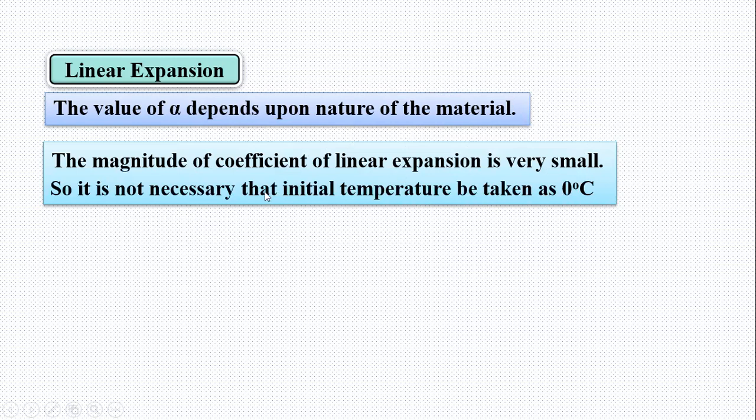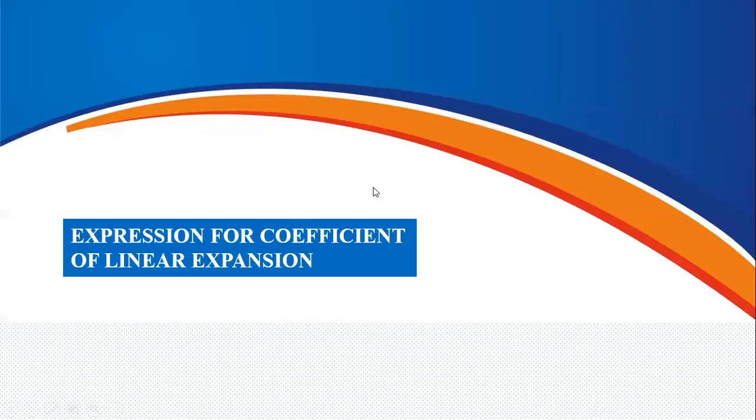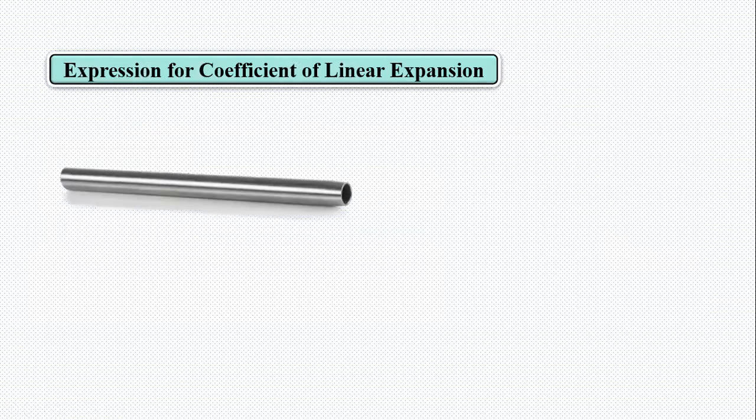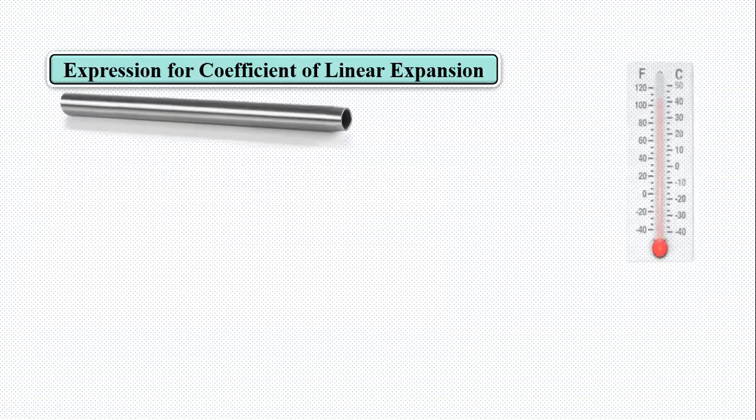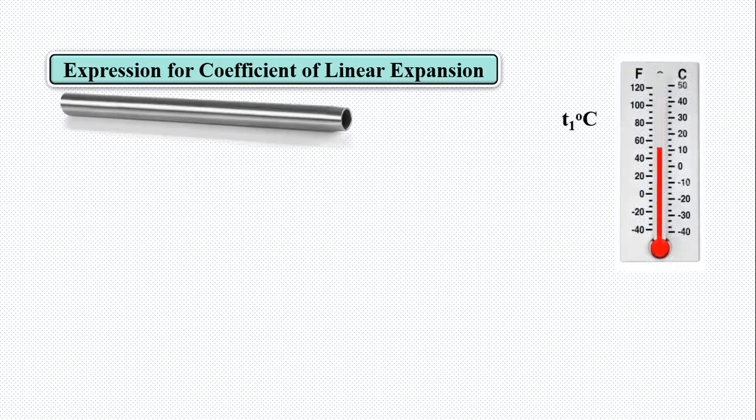आता टेम्परेचर कोएफिशियंटची जी व्हॅल्यू आहे ती खूपच छोटी येते, आणि आपण आता इथं काय बघितलं तर ओरिजिनल लेंथ जी तुम्ही मोजली ती 0 डिग्री सेल्सिअसला मोजली. तर प्रॅक्टिकली प्रत्येक वेळेला आपण 0 डिग्री सेल्सिअसला जाऊन टेम्परेचर मोजू शकत नाही. म्हणून आपण काय करूया, अजून एक एक्सप्रेशन काढूया. ठीक आहे, आता समजून चला की इनिशियल टेम्परेचर आहे T1 डिग्री सेल्सिअस आणि लेंथ आहे L1.